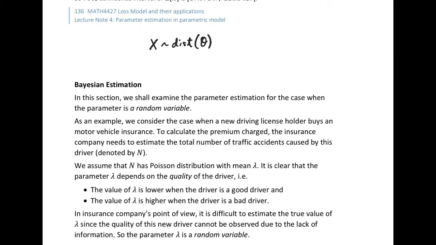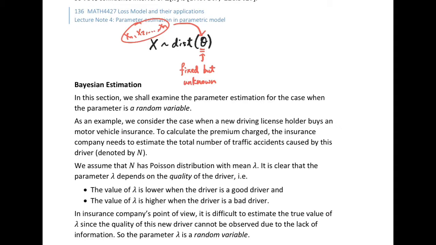At that time, we assumed that this theta is a fixed parameter, so it's just a constant, but we don't know what the value is. To estimate it, we used the sample data to do the estimation. This is what we did before.